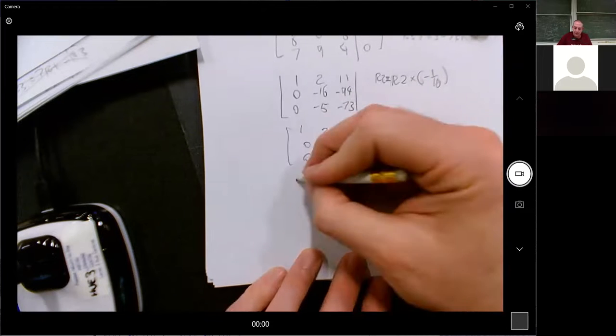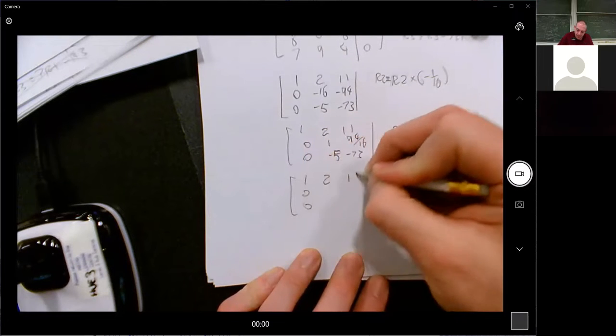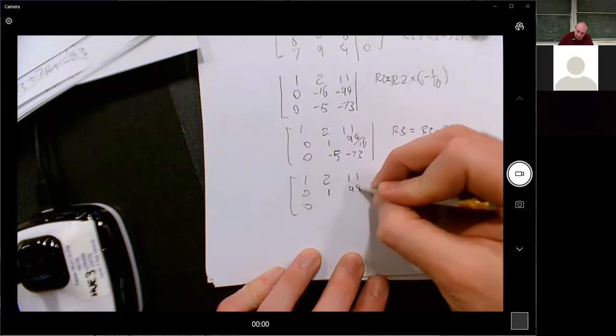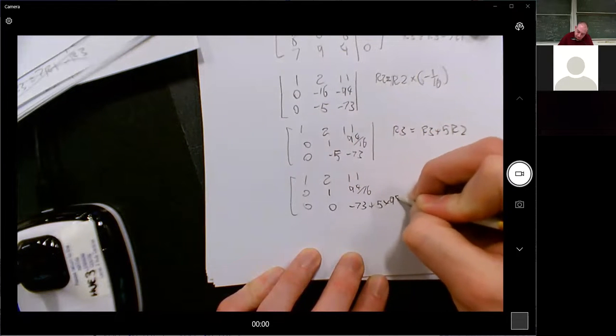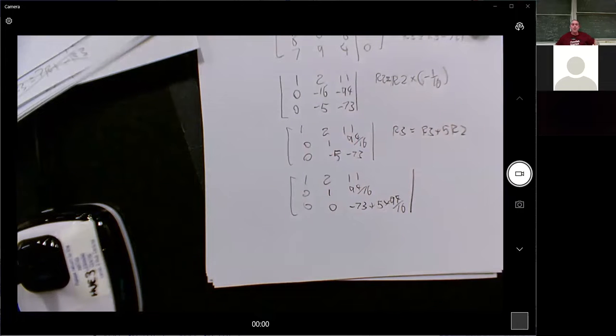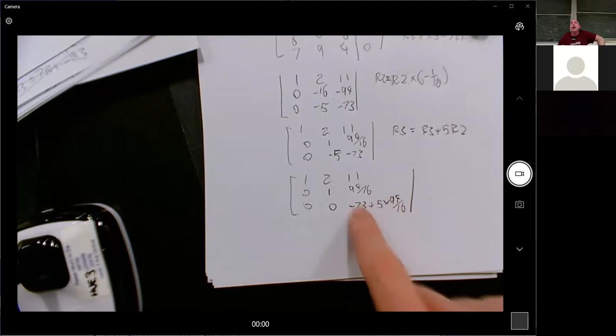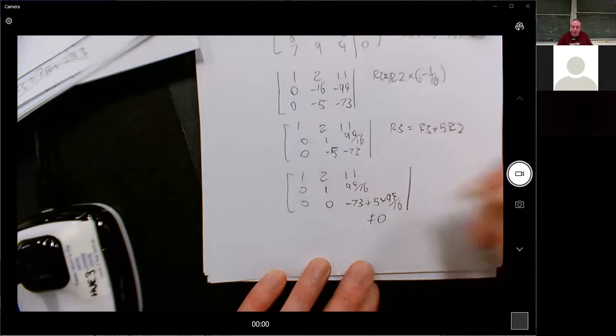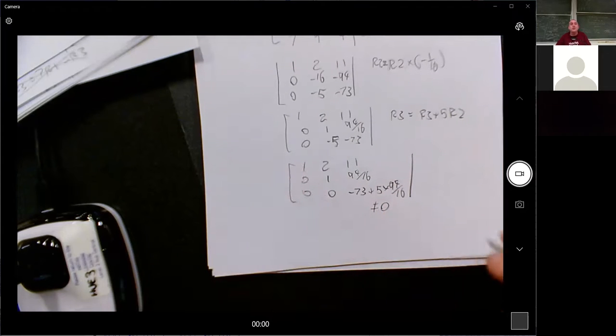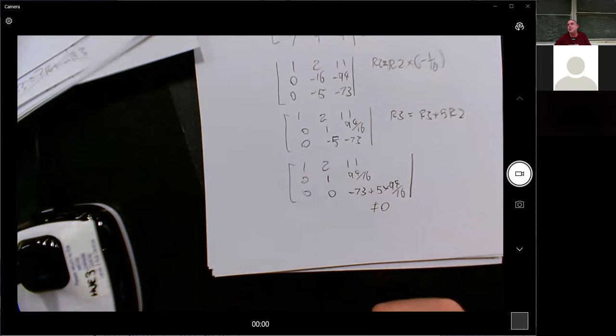That'll put a 0 in this spot. Cool. And that number is not 0 because 16 doesn't go into 5 times 94. And so I'm not going to get a whole number here, and so it's definitely not going to be 0 because 0 is a whole number. And so now I get a pivot in every column, and so there will be a unique solution, and therefore they're linearly independent.